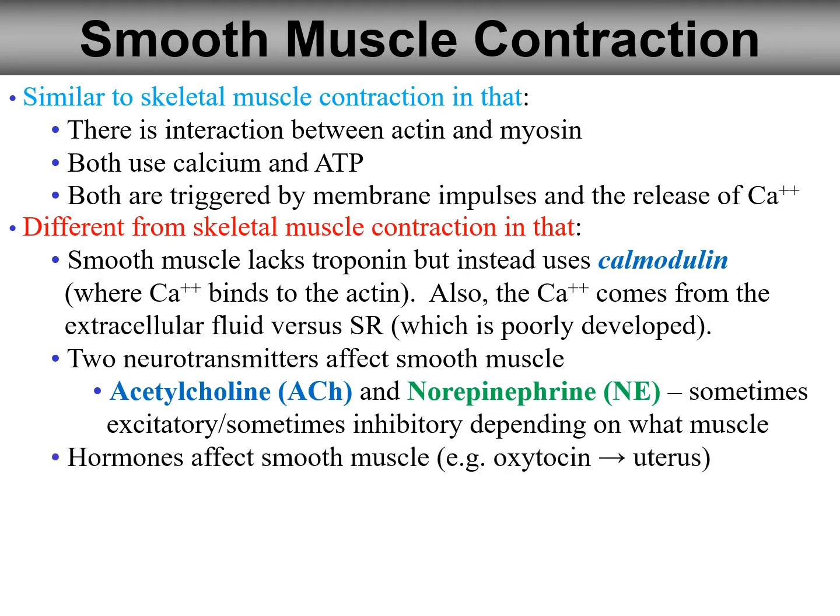Hormones play an important role in impacting certain types of smooth muscle, and here we see an example of that, whereby in a pregnant female who's about to give birth, as we all know, when the moment of birth comes, the magnitude and the frequency of contraction in the smooth muscle lining the uterus increases. And if someone is not progressing along well in labor, sometimes they will prescribe an artificial oxytocin called Pitocin.